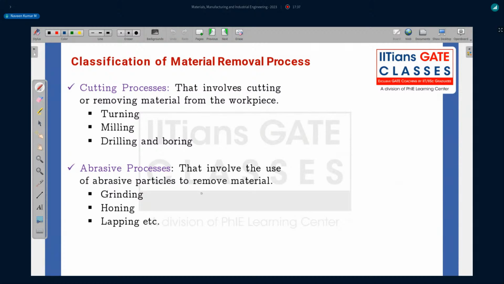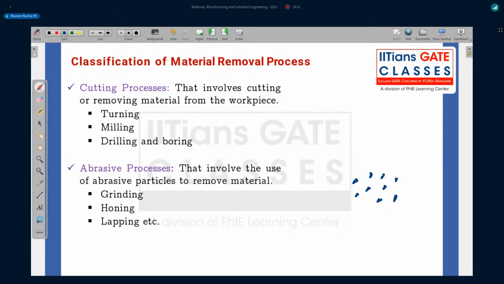And then another classification is the abrasive process. It means abrasives. What are abrasives? Abrasives are nothing but small, relatively small, harder particles mixed in some secondary fluid.